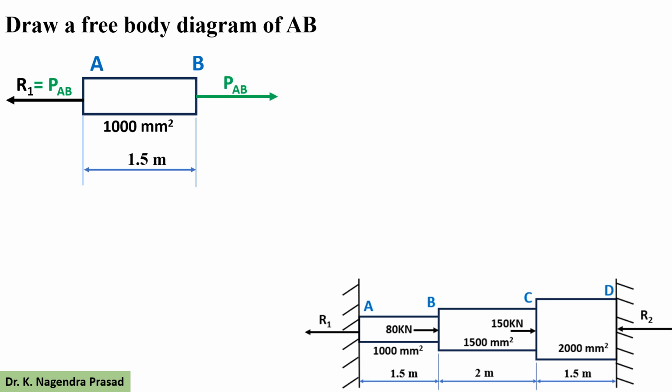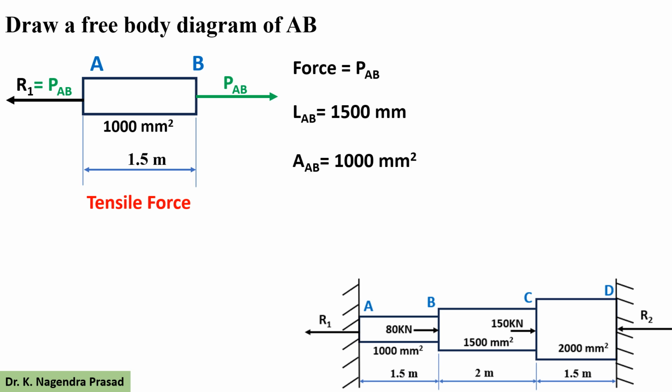Here we observe the nature of force is tensile. The length of the AB portion is LAB equal to 1500 mm and the cross sectional area of portion AB, that is AAB, equal to 1000 mm square.